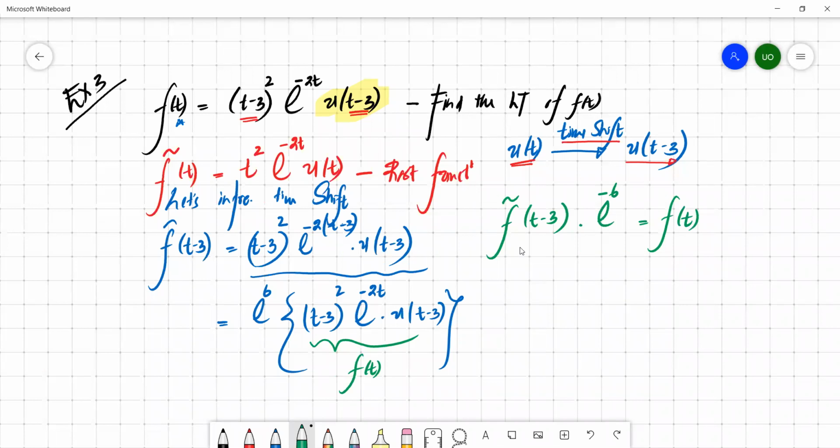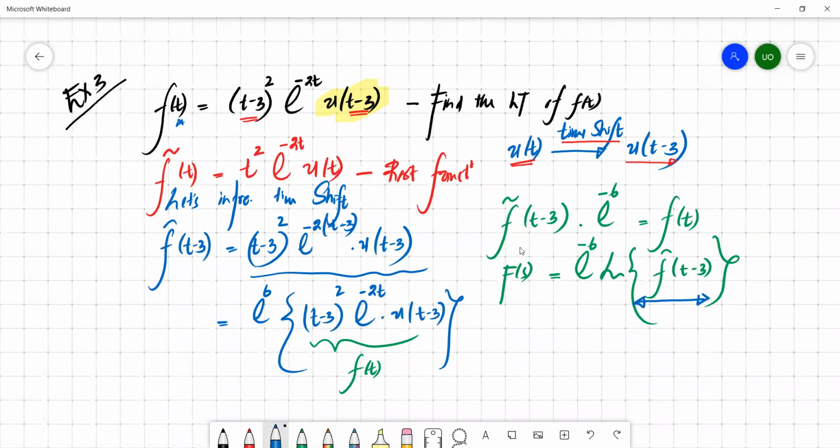If you apply the Laplace transform, the Laplace transform of f(t), which is F(s), should equal e to the power minus 6, which can be treated as a constant, times the Laplace transform of f tilde (t minus 3). Now it's your turn to find the Laplace transform of this quantity.